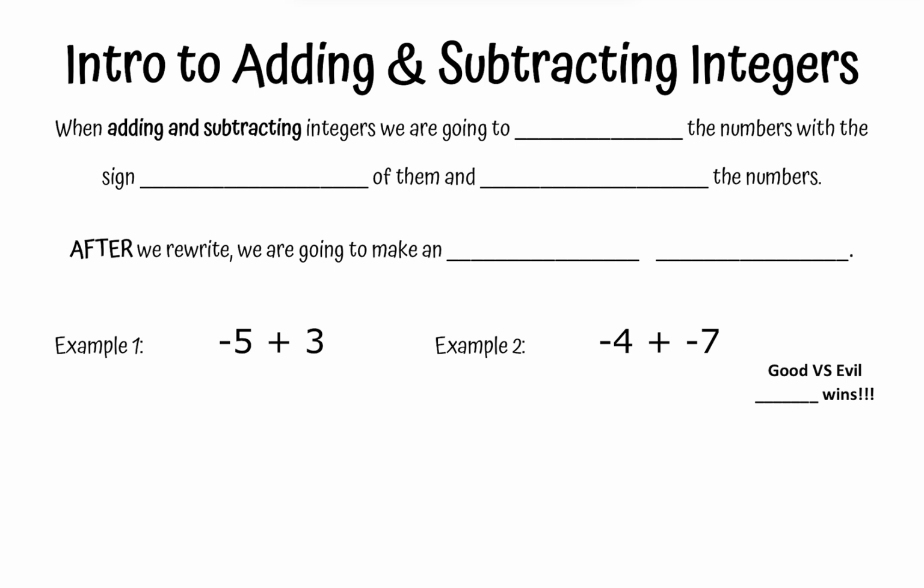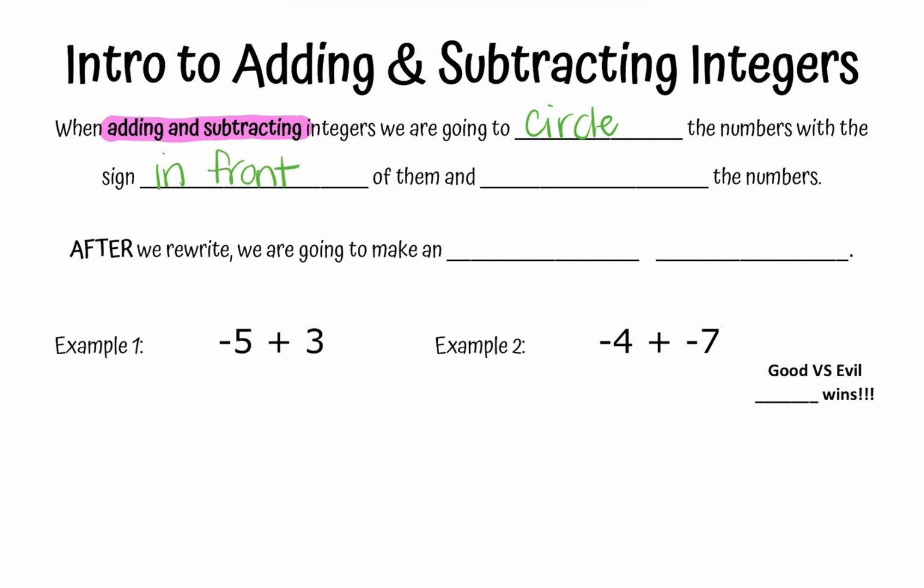If we can master our first steps, it's going to help us be really successful on adding and subtracting integers. When adding and subtracting integers, we are going to circle our numbers, and we need to include the sign in the front of them.